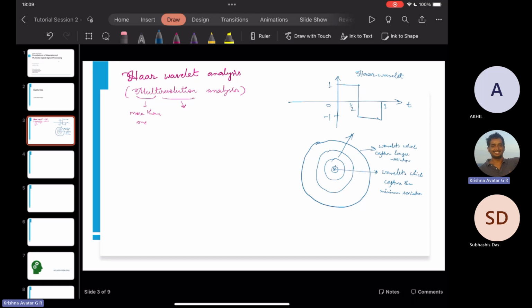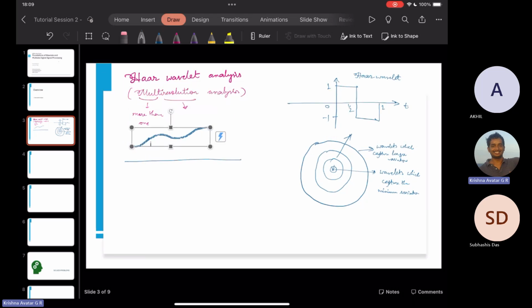So essentially what we happen to do is we have some signal, say this is our signal. What we then do is we break it into parts, and it depends on which resolution of the wavelet we would want to capture.